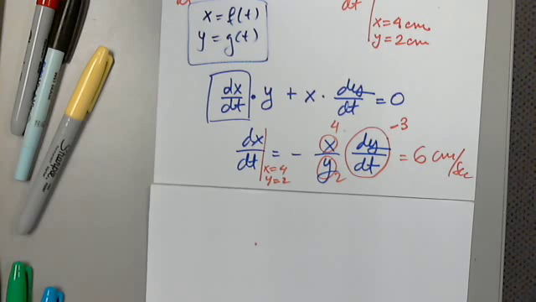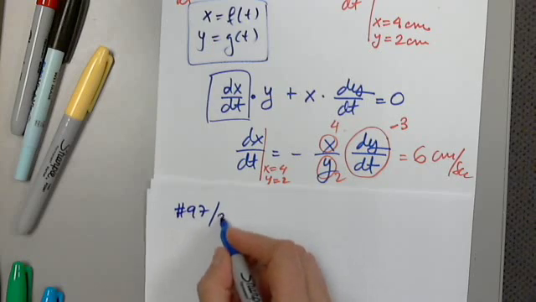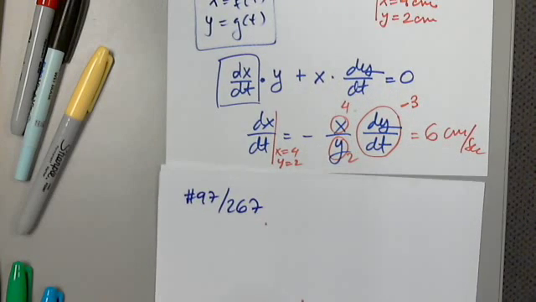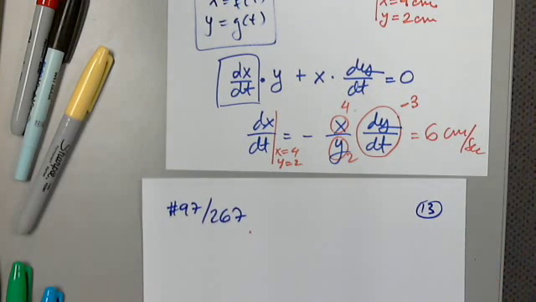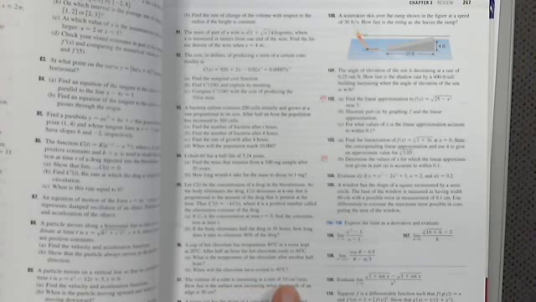Okay, I'm also looking at the very end of the chapter at the review, to see if there is anything interesting in there. Yes, number 97 on page 267. Let's read it together. The volume of a cube is increasing at a rate of 10 cubic centimeters per minute.